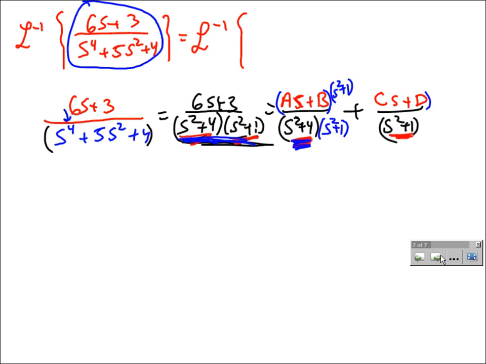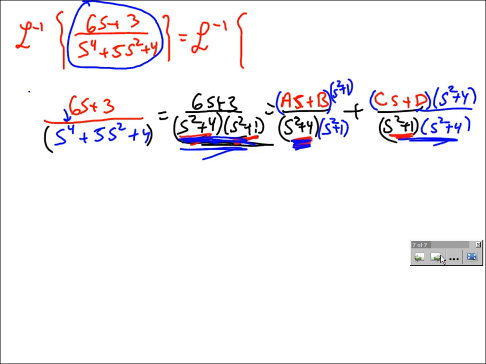In the second fraction, if I put in s squared plus 4 in the bottom, now this denominator and this one look the same. But I can't just multiply the bottom by s squared plus 4. Unless s squared plus 4 happens to be 1, I can't do that. So I have to multiply the top.